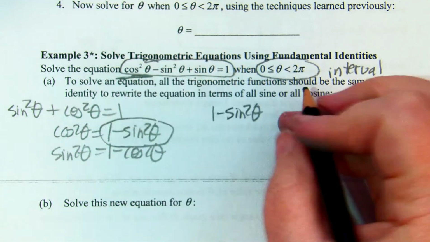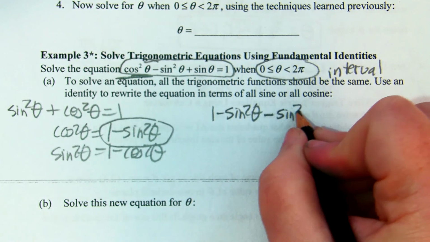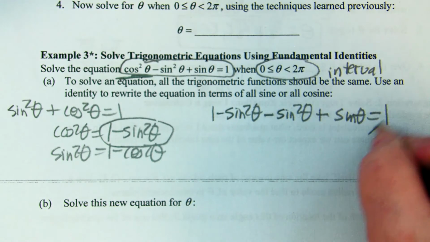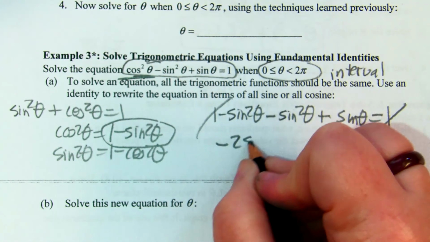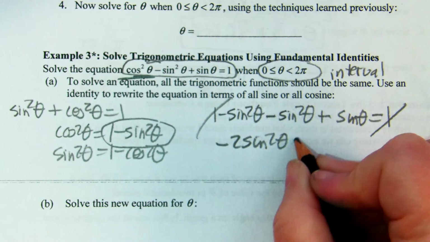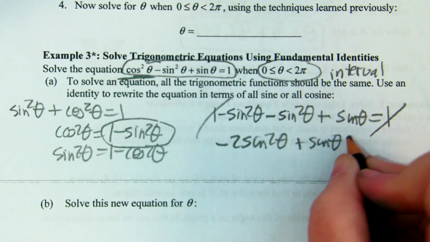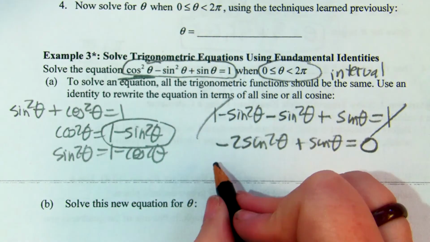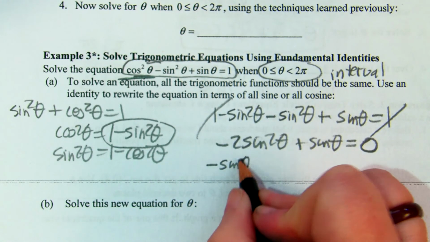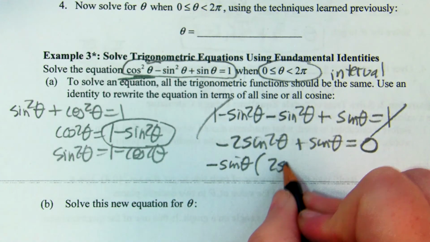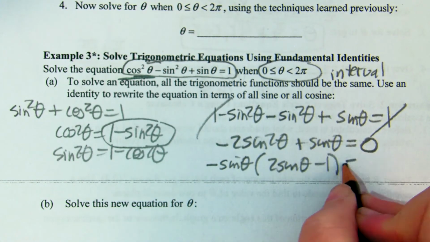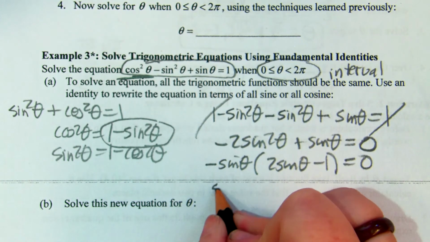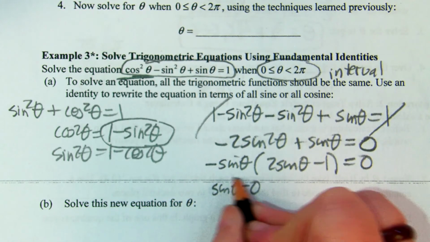That's for this cosine. And you have a minus sine squared plus sine theta equals 1. The 1's cancel. We have negative 2 sine squared theta plus sine theta equals 0, because the 1's canceled. You can take out a negative sine theta, and we're left with 2 sine theta minus 1 equals 0. We have 2 factors. The negative doesn't affect it. So sine theta equals 0.